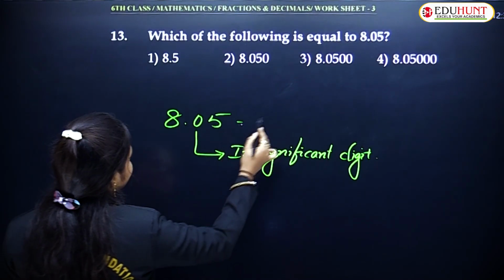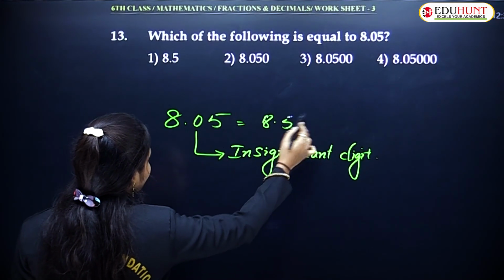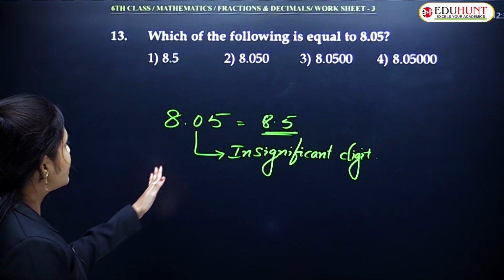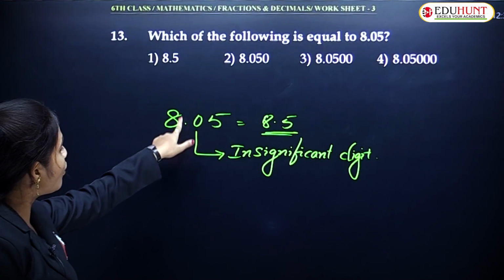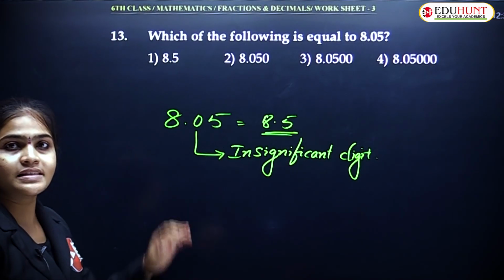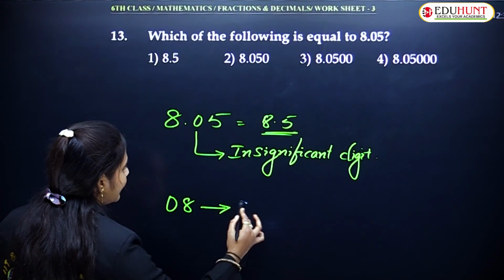That's why we can write this directly as 8.5. Why? Because 0 is an insignificant digit, and in the same way the 0 immediately after the decimal point. Just like 08 we can consider as 8 only.